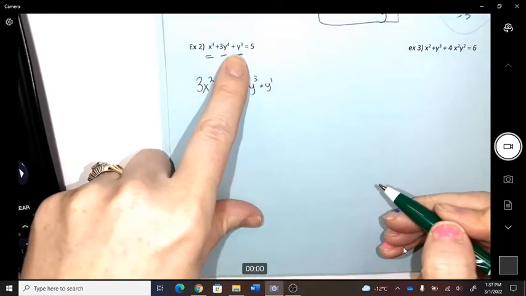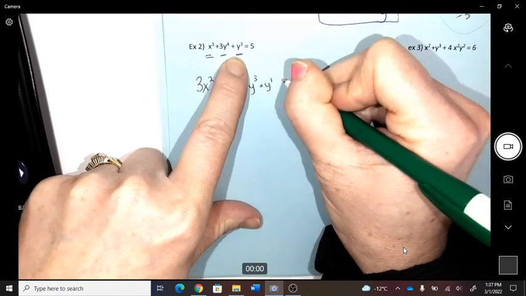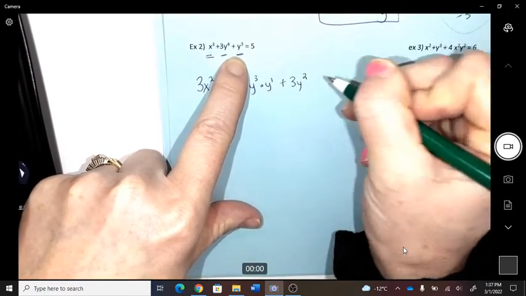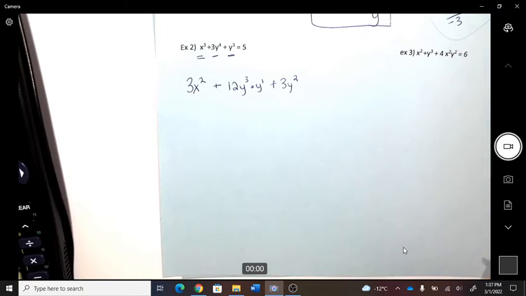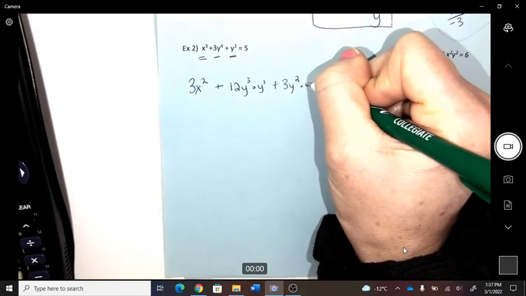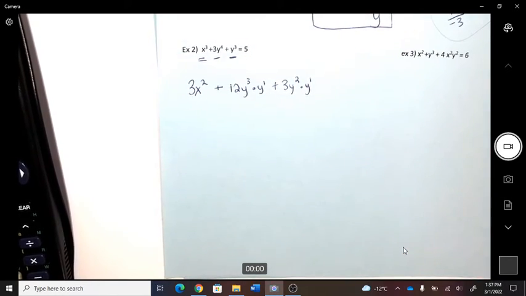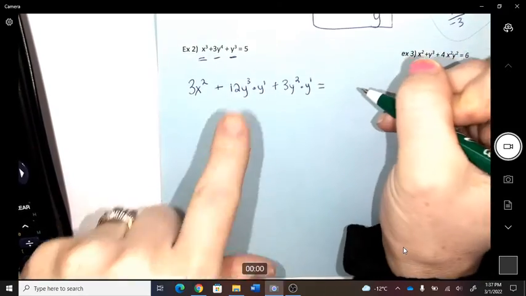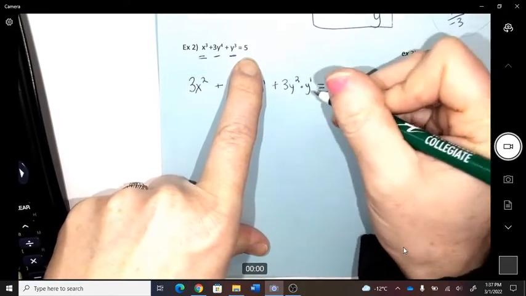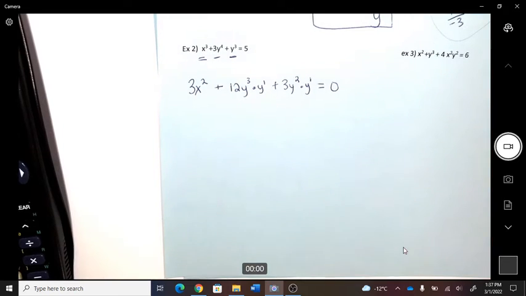Next, we have a y cubed, so that's 3y squared, but we differentiated a y, so we attach a y prime. And then when we derive 5, that's a 0.